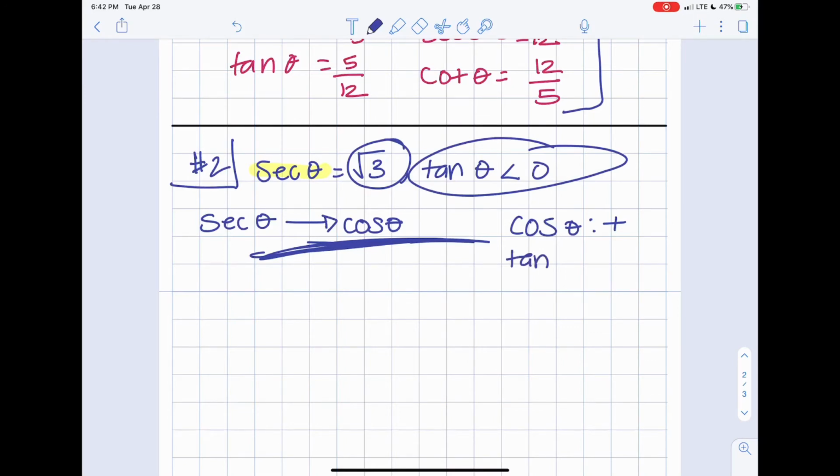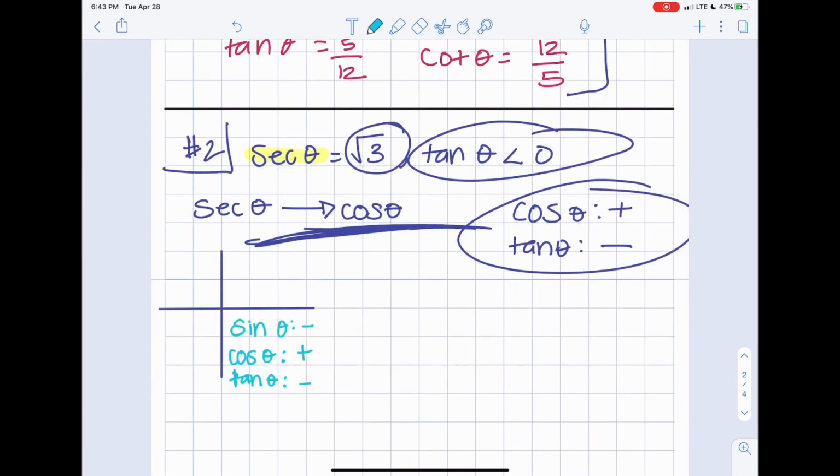That tangent of theta is less than 0, so something that's less than 0 is negative. So let's find what quadrant that happens in. So go ahead and pause and figure that out. I figured out that that actually lives here in the fourth quadrant. As you can see here, again, my cosine is positive. My tangent is negative.